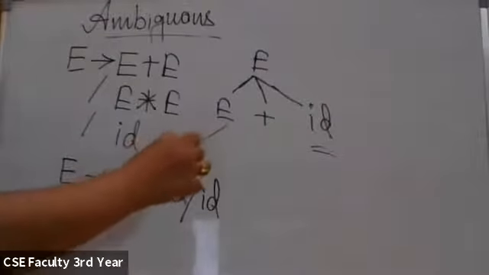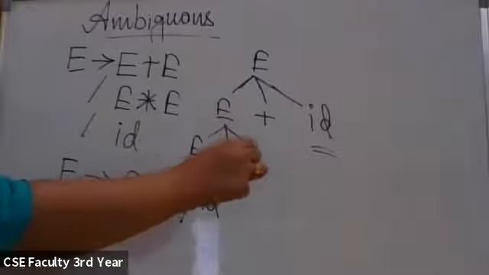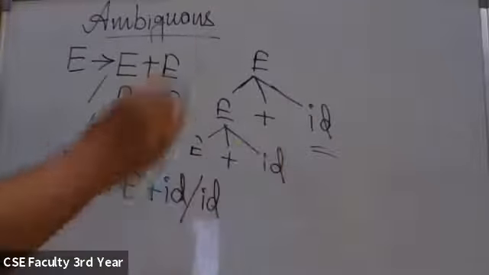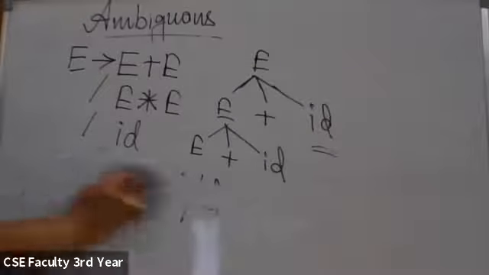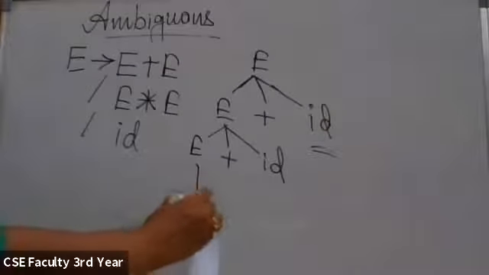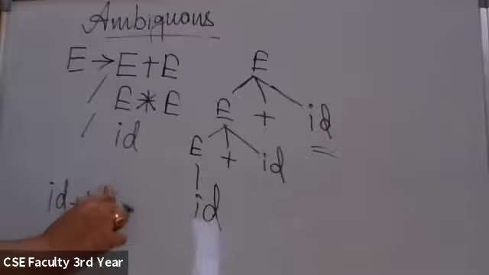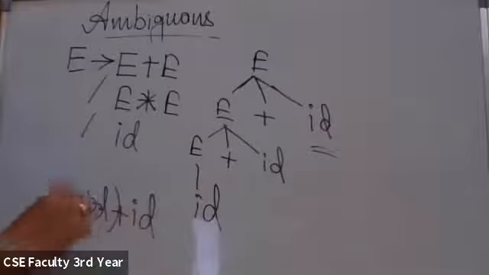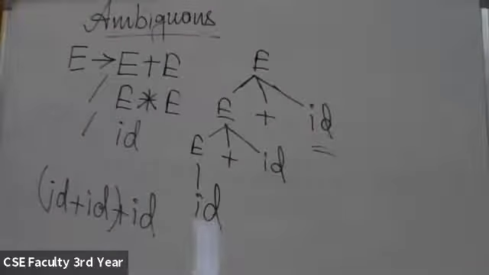You are forced to expand it this way, forcefully. So now the only option you have got is this. So automatically this is becoming left associative. Is it clear to you?